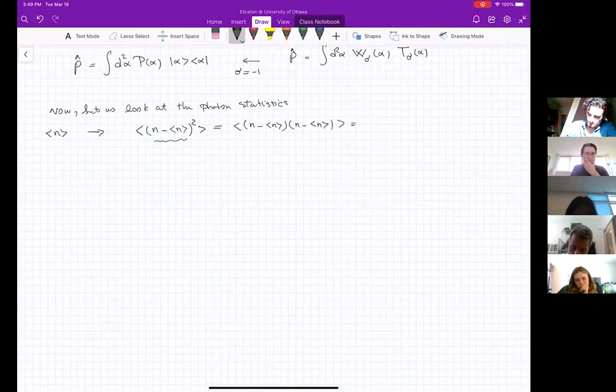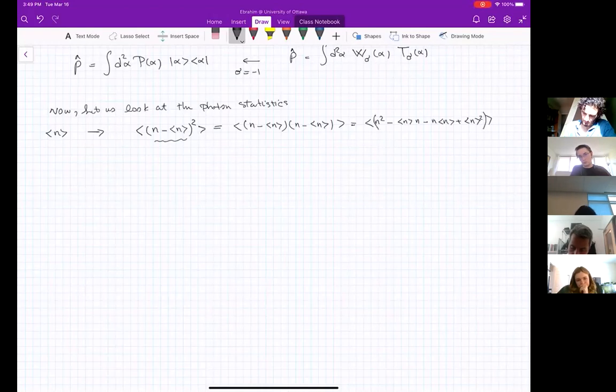Then that will be n squared minus n minus n plus n squared. True? Averaging it. The first term will be n squared. The average of a sum of operators will be the averaging of each individual term, right?